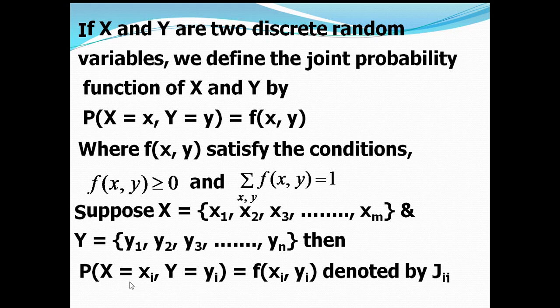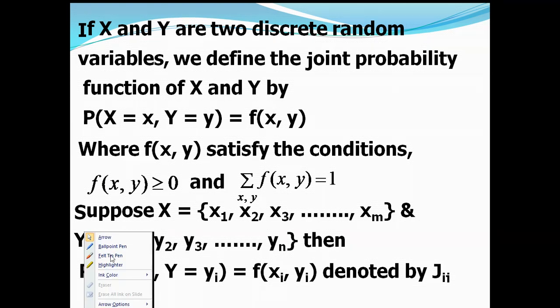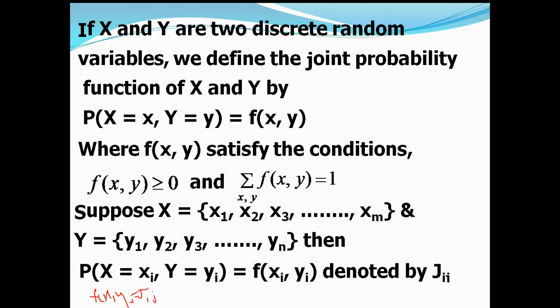Then P of X equal to xi, Y equal to yj, is equal to f of xi, yj, and we write it as f of xi, yj is equal to j_ij, where j_ij denotes the joint probability function of X and Y, for i equal to 1 to m and j equal to 1 to n.